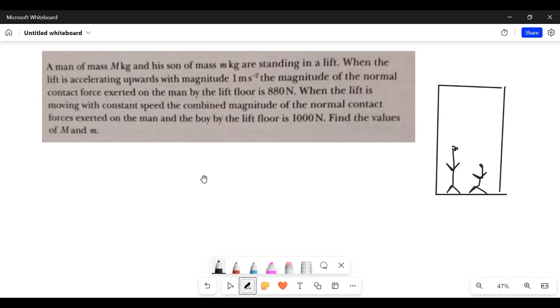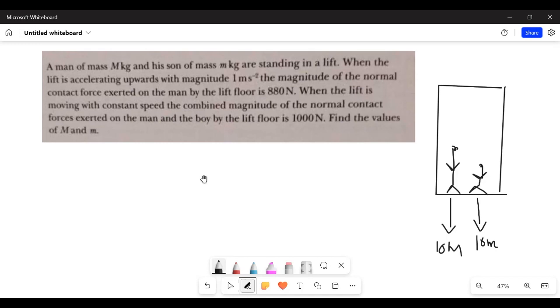So what should be the weight of the man? Yes, 10M. 10 capital M. And the weight of the boy is going to be 10 small m. Mass times g, where g is 10 meters per second squared.